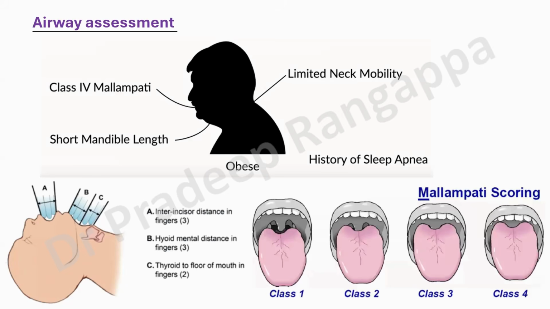And Mallampati, most of you would know, is class 1 to class 4. Class 3 is where the faucial pillars are not seen and the uvula is not seen, only soft and hard palate. Class 4 is where only the hard palate is seen. That would indicate that you possibly would have a difficult intubation.